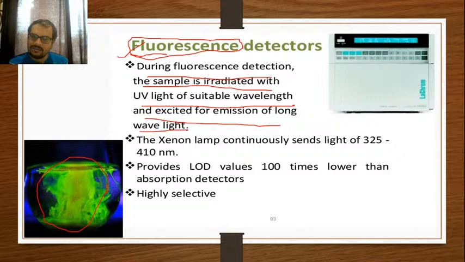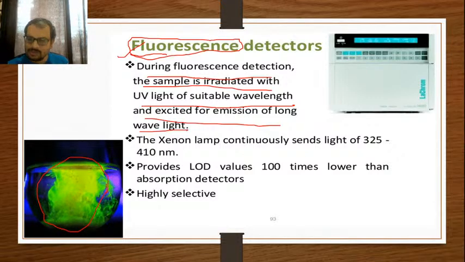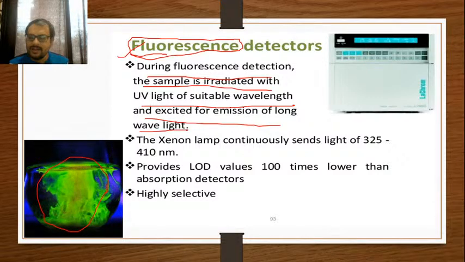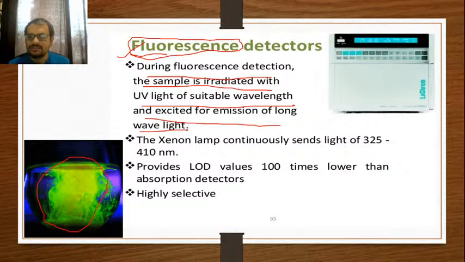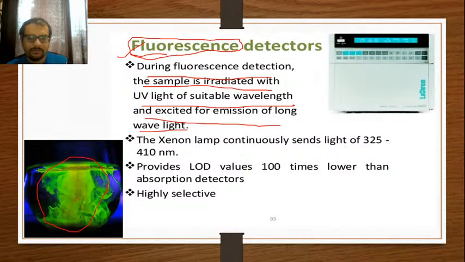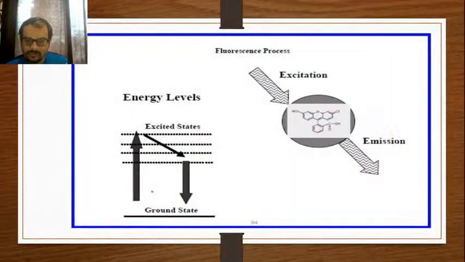Now if you know that the compound is a fluorescent one, you irradiate with the UV light, and this UV light allows the molecules to get excited, or more specifically the electrons of the atoms will get excited and reach the excited states.